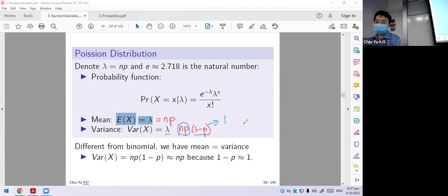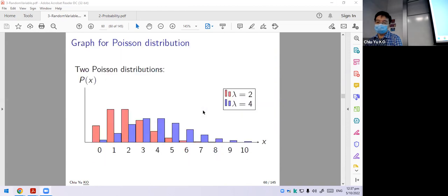So let's see an example and try to convince you that it's very useful. Before we do that, let's see the graph. Just to remind you why we care about the graph: usually we look at the data, and from the data we infer what lambda is and what the distribution looks like. If the data looks like this, then it's probably good to say Poisson.